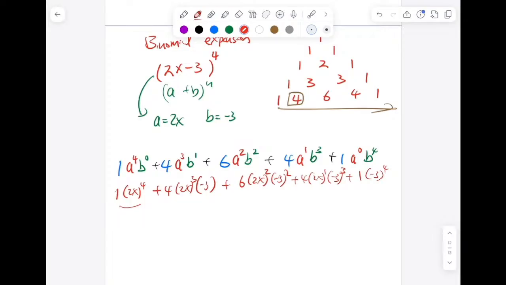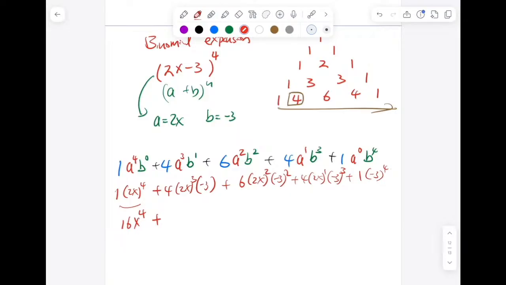Let's ask Alejandra, this one. 16. x to the 4 though, because 2 to the 4 is 16. Plus. Well, 2 to the third is what? 8. 8 times 4 is what? 32. 32 times 3 is 96.